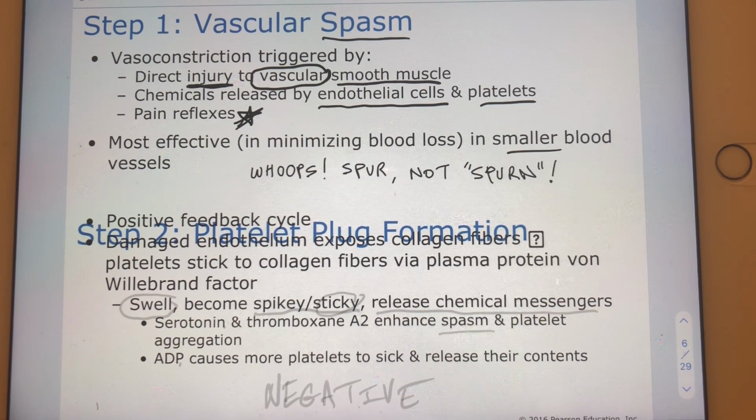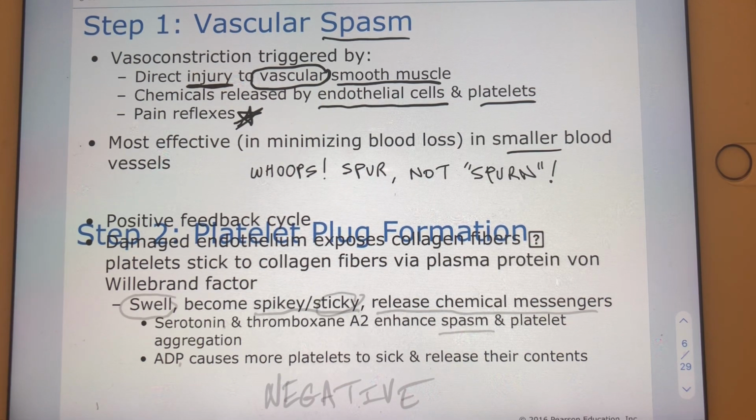And in the case of platelet plug formation, that damaged tissue in the vessel will expose negatively charged surfaces that underlie the endothelium. Usually the endothelium masks these negative charges, doesn't expose platelets to these negative charges, and when damaged, those negatively charged surfaces are exposed, and as a result, platelets that come into contact with those negatively charged surfaces become activated.